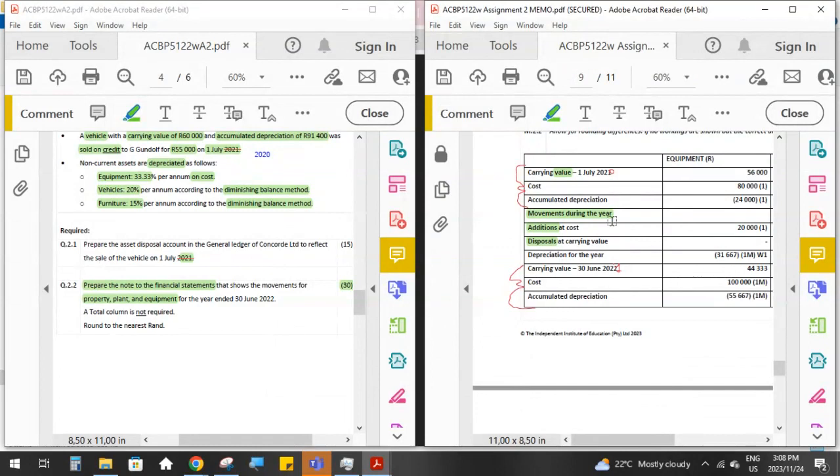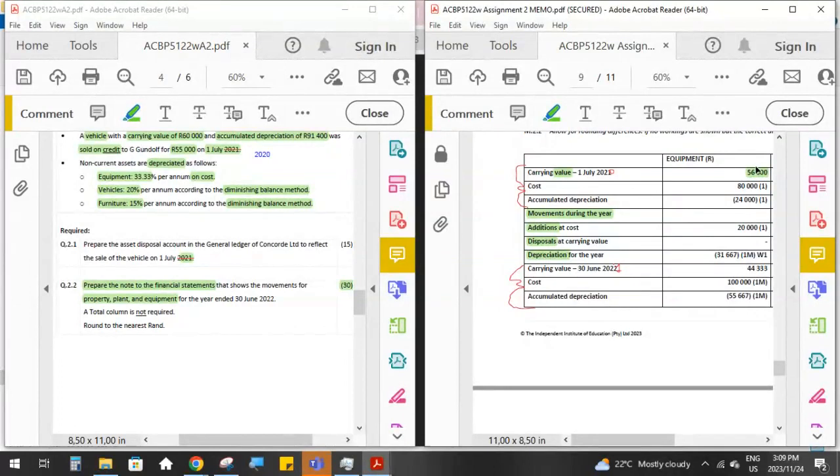Okay, so you can see all we're doing is saying this is what I owned, carrying value at the beginning of the year. What did I add to my assets? What did I take away from my assets? And how much of the value of my assets changed because I recorded depreciation for the current year, so that at the end of the year, what was the carrying value of all of my assets? So this is what we're doing.